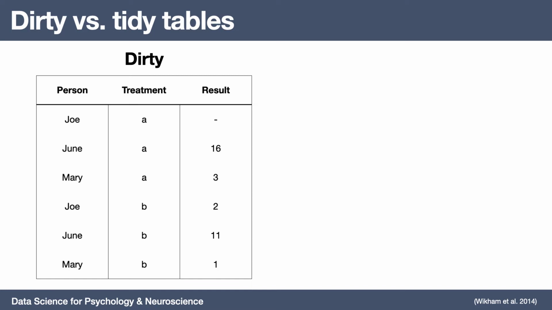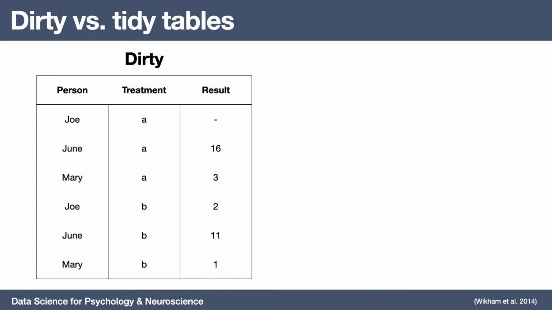Where are the values? Well, that's the individual items in each cell. The variables are treatment, person, result. And the observations are the outcome for each person in each treatment. Now you notice that here the observational unit is person, and person is repeated twice across separate rows.